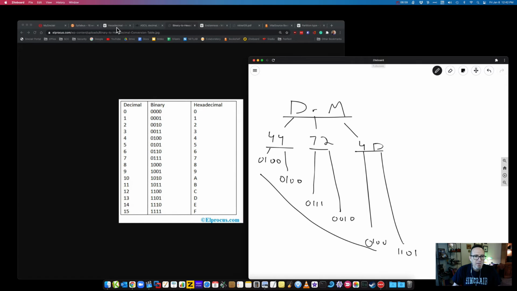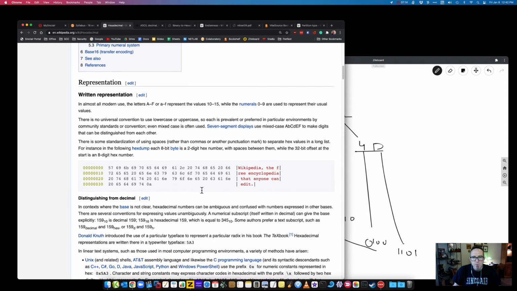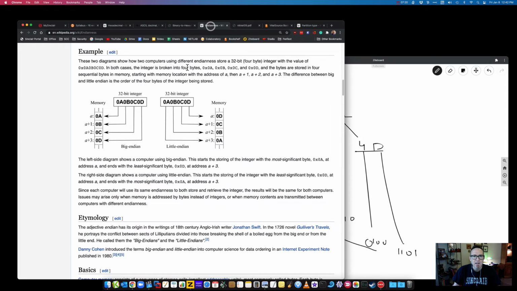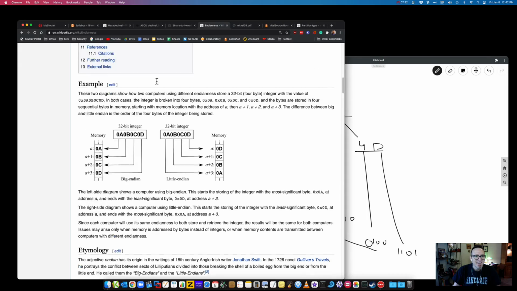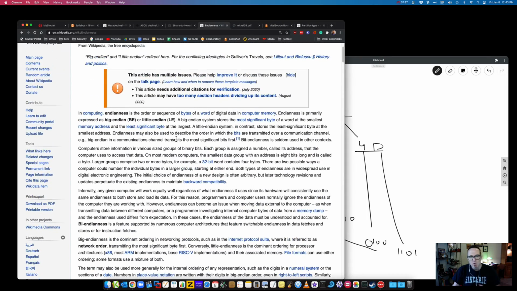So when we look at stuff written to disk, and I'm going to talk about this through the lens of looking at it through a hex editor or Hexdump, which you will do in my forensics class several times, it depends how it's written, and that depends upon the architecture of the system. That's referred to as endianness. Endianness is the order things are written, and it depends upon the architecture.